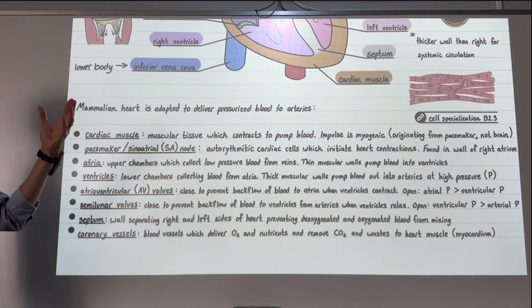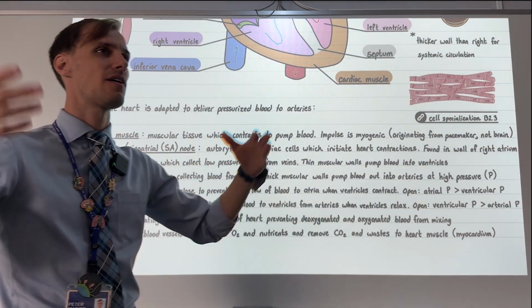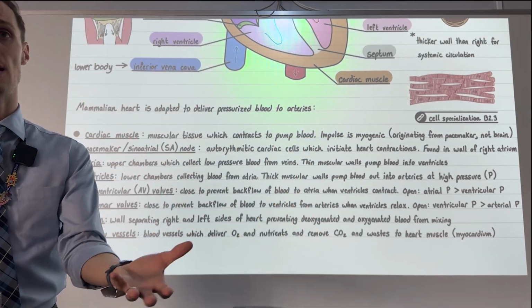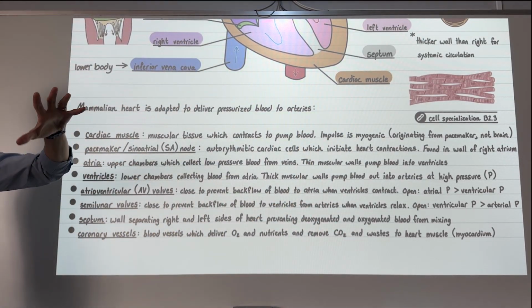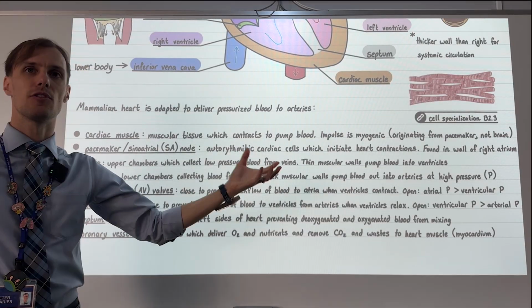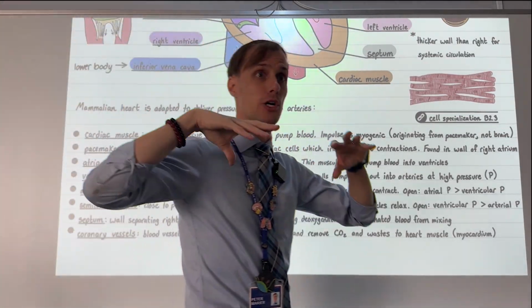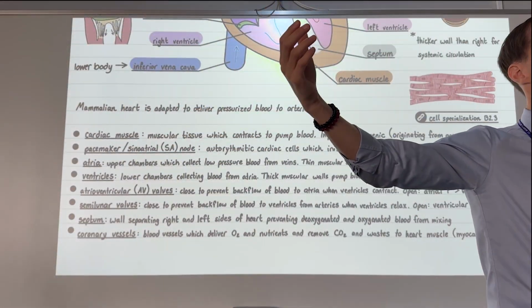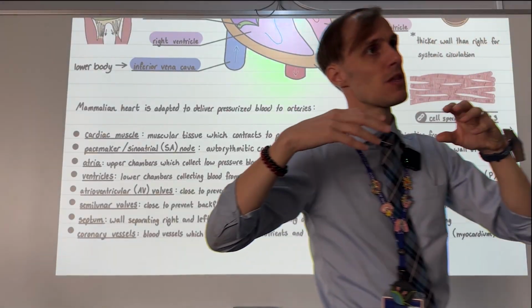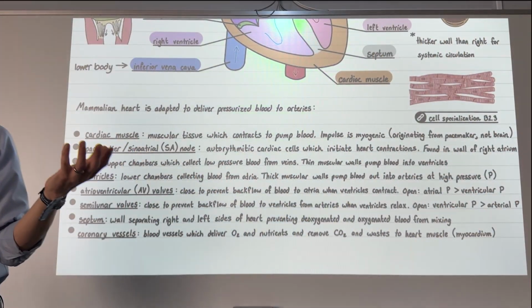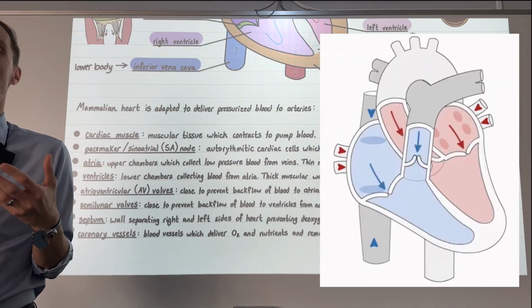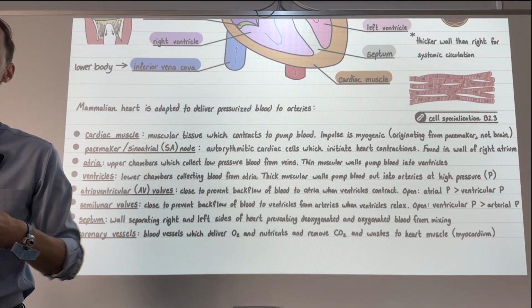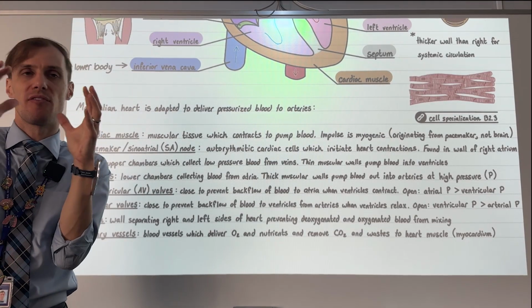Now, these chambers, we said that we have a 4-chambered heart with atria and ventricles. How are they adapted to their function? Well, the atria are your upper chambers. They're always going to be collecting blood at low pressure, because they're being delivered blood by veins. That means they don't have to be super beefy and built for high pressure.